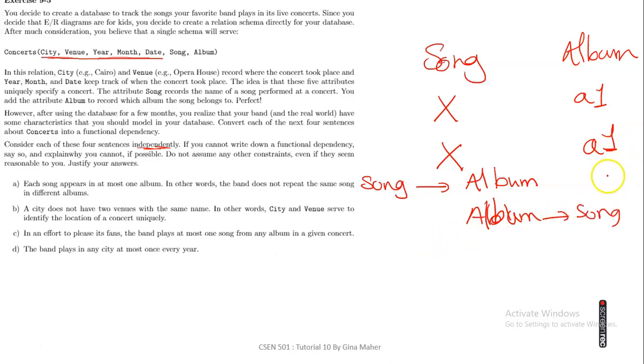Does it happen that we have a record of A1 that has a different song than X? Actually, yes, because the album can hold more than one song. So whenever I give you the value of the album, you cannot return a unique value of song. So this one does not hold. The one that is correct: song implies album.